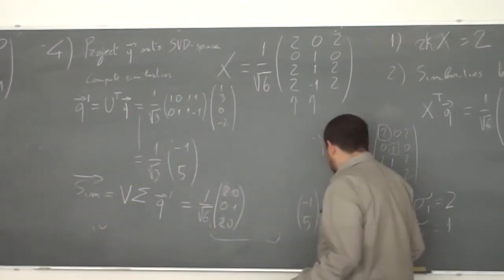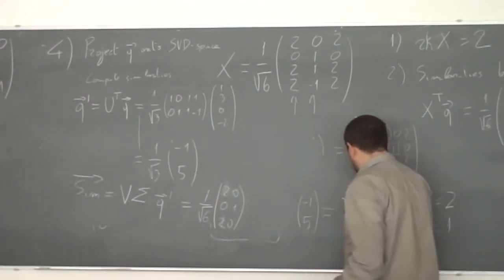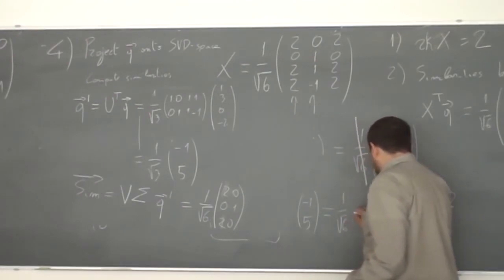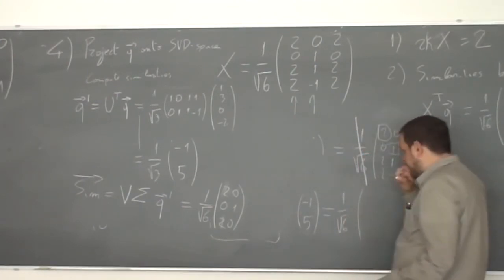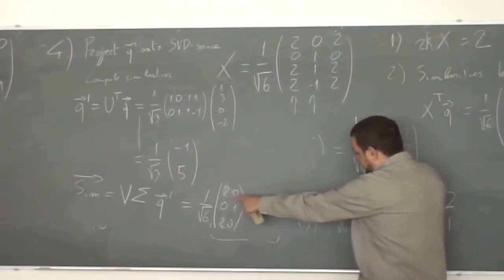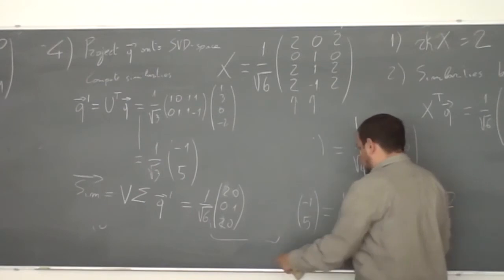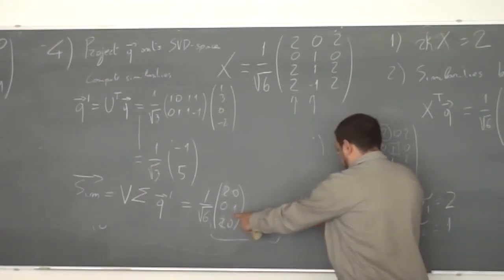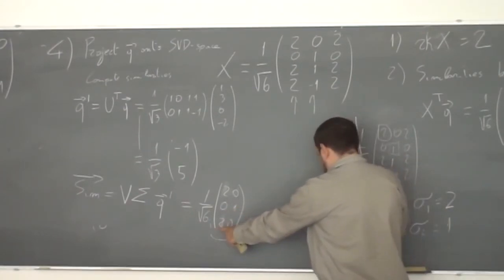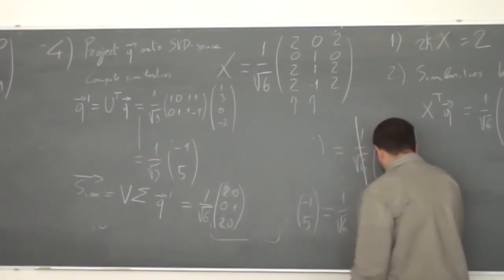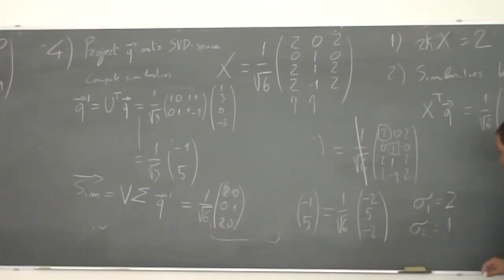In fact, if we do the multiplication, we get 1 over square root of 6 times 3 values, minus 2, 0, 5 and minus 2, which is exactly the similarity that we had before when we computed it directly in the original space.